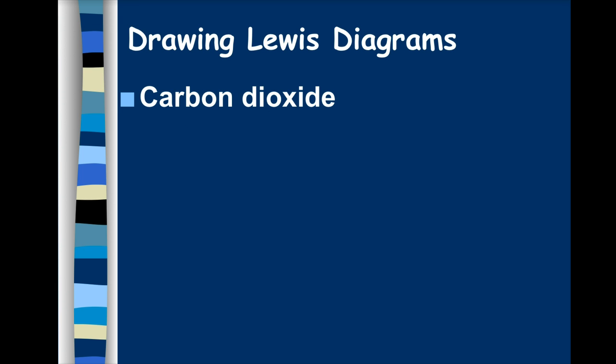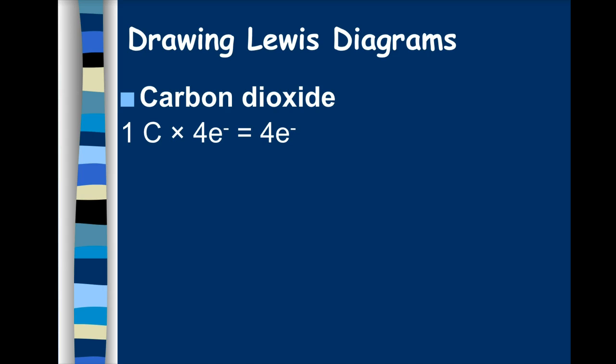All right, let's try carbon dioxide. So again, you need to write out the formula for carbon dioxide, and then total up the number of electrons that you have. So carbon's our first element. There's 1 carbon in the formula, so we have 4 electrons there for carbon.